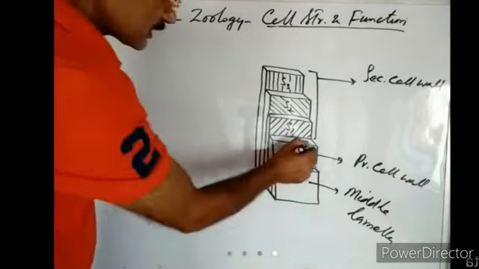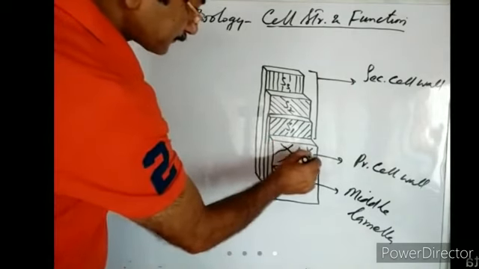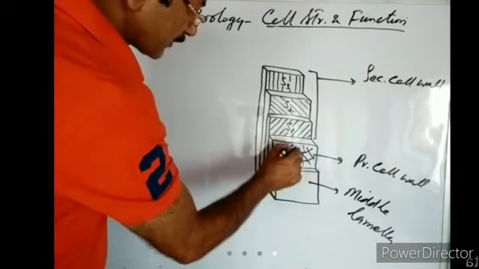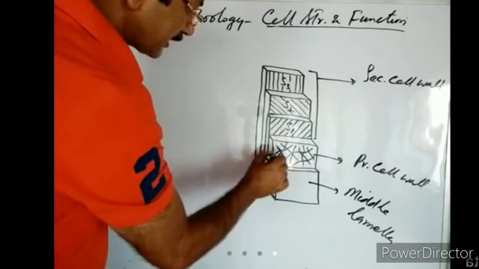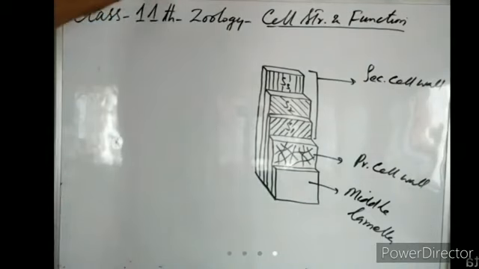In the primary cell wall, cellulose microfibrils were in the form of a network, running in all directions. But in the secondary cell wall, cellulose microfibrils are in three different directions. So this provides further strength to the secondary cell wall. This makes the secondary cell wall stronger, right?